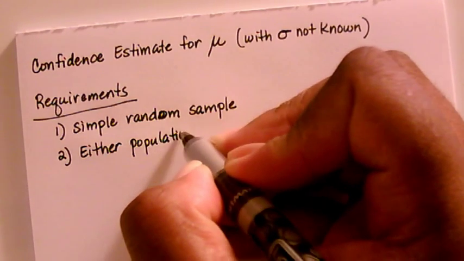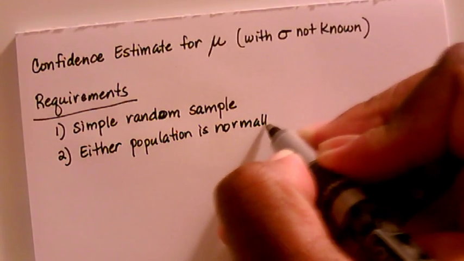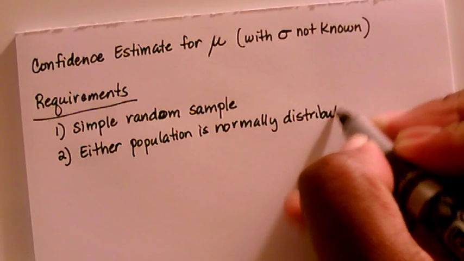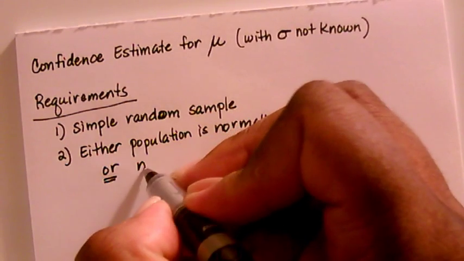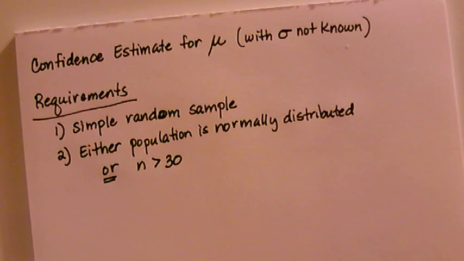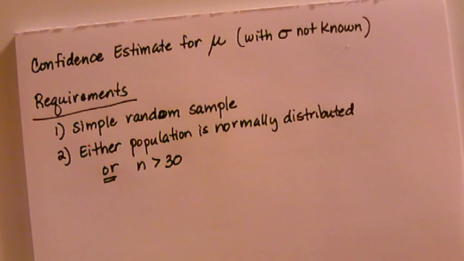You must be told that the population is normally distributed, or your sample size, which is n, must be bigger than 30. So one or the other must be satisfied in number 2. You have to have a simple random sample, but in number 2, either you have a population that's normally distributed, or your sample size must be bigger than 30.